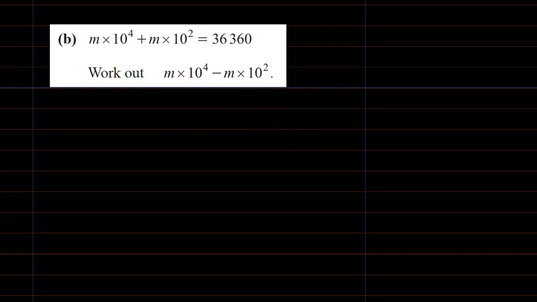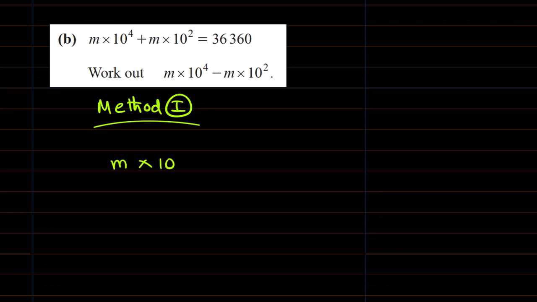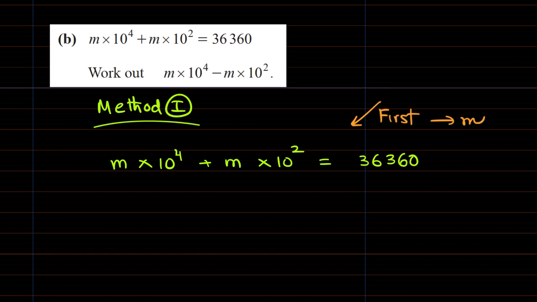Now let me write down method 1 over here, because this is the traditional method that I'll use. I'll rewrite the question: m into 10 raised to power of 4 plus m into 10 square equals 36360. My focus is first evaluate the value of m.